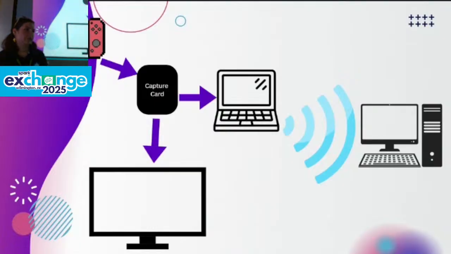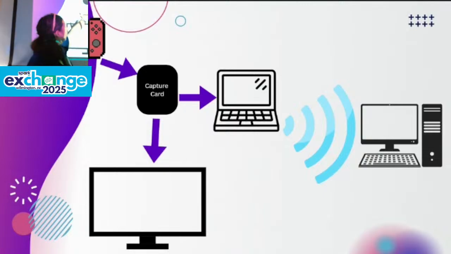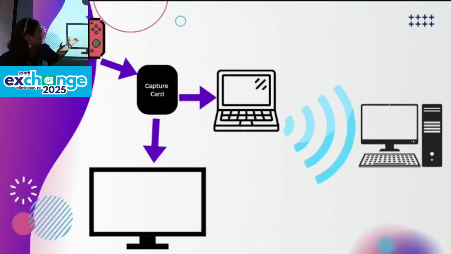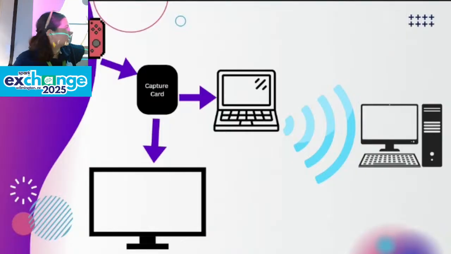To give a basic rundown, you have your console. It goes to this little magic box, I like to call it. It's called a capture card. It sends the video from the console to the monitor so you can still see what you're playing. But it also sends it to a laptop. And that way, your laptop can send it to another PC that is streaming it.